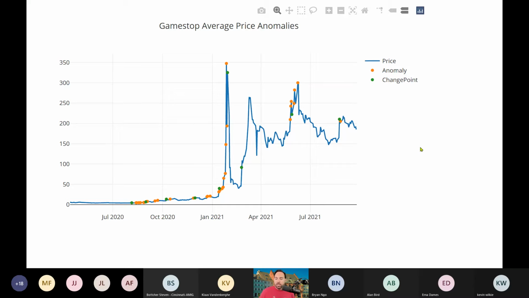Now the question is, is this all of them? That's a fair question. And that's where we get back to the fact that this is unlabeled data. I can't tell you somebody's come down from on high and declared that these days are officially anomalous.